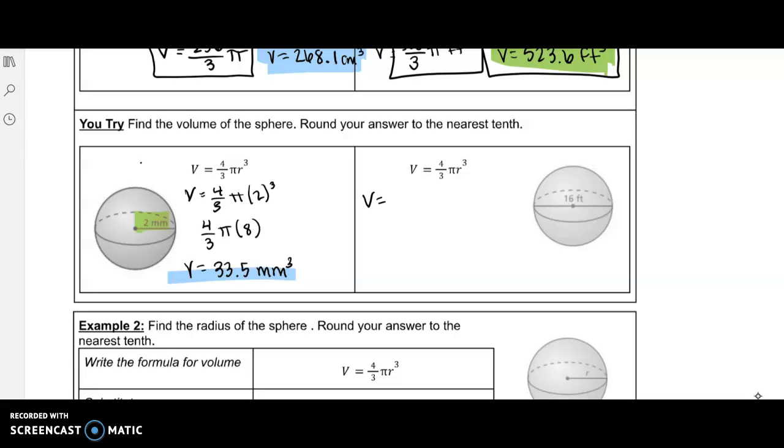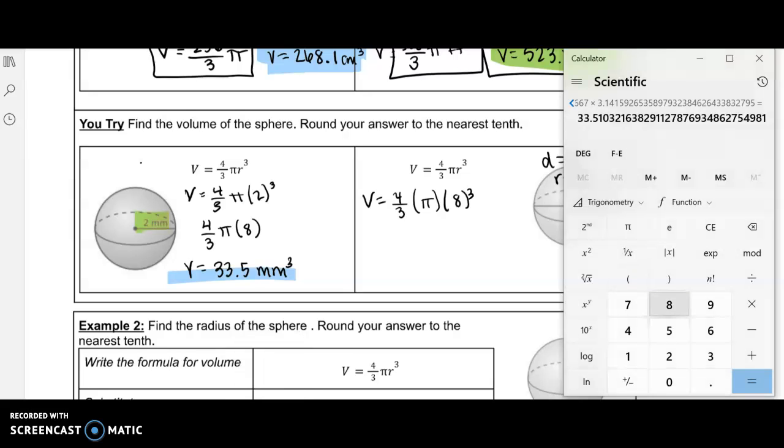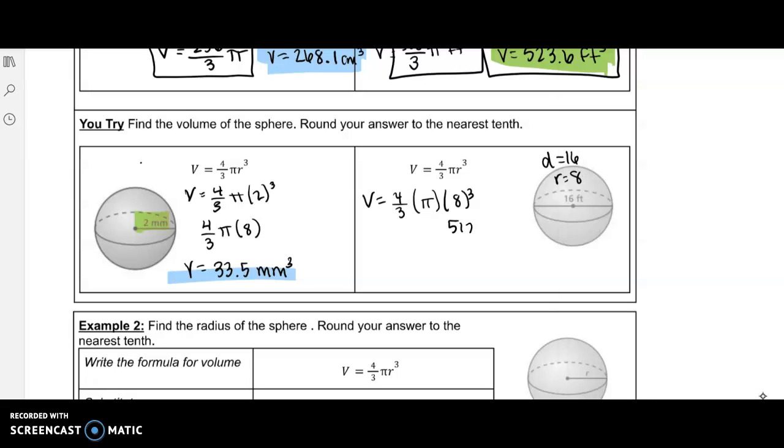Volume equals, our diameter was 16, so our radius is 8. So we have 4/3 times pi times 8 cubed. So 8 to the 3rd power is 512 times pi times 4/3.